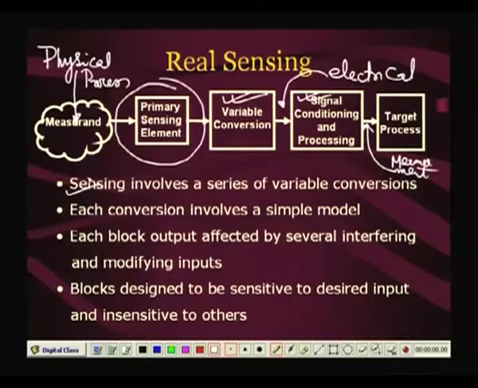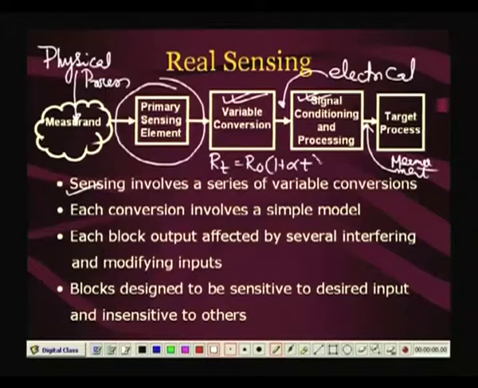So, sensing involves a series of variable conversions, and remember that each conversion involves a model. For example, the change in the resistance of a nickel sensor due to temperature change is given by the standard equation, that is R_T equals R_0 into (1 plus alpha T), where T is the temperature.